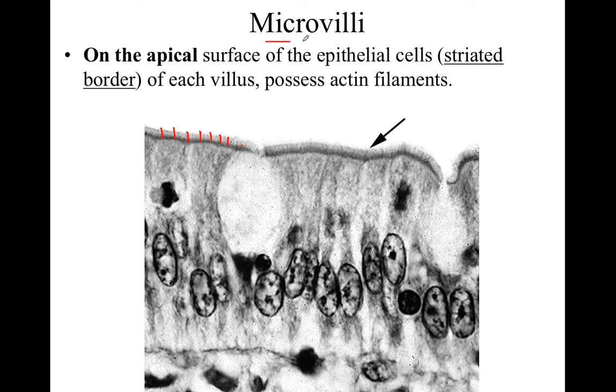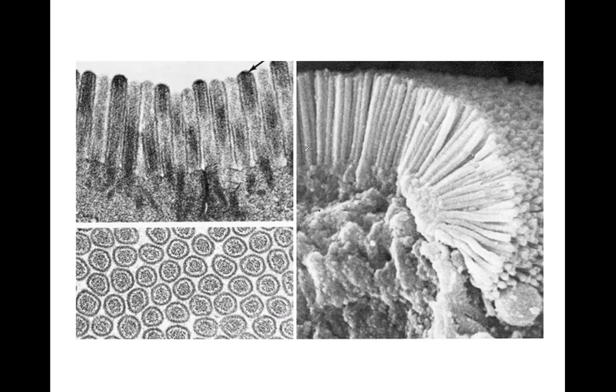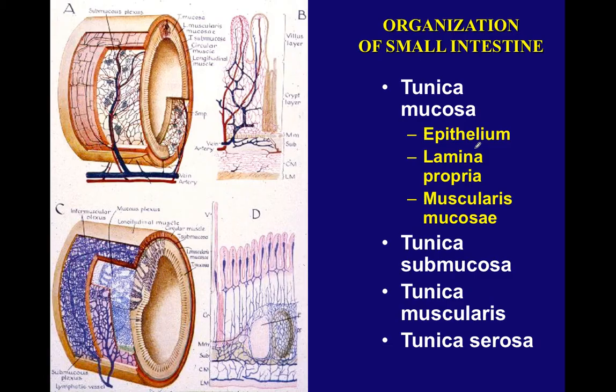All of these are only names for the microvilli. These are projections from the plasma membrane, and inside them we have actin filaments to support the microvilli.